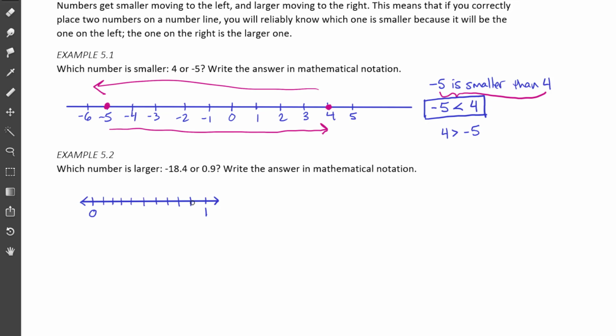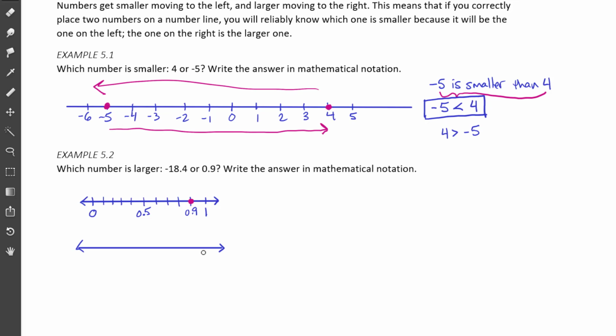Each of these represents a tenth. 0, 0.1, 0.2, 0.3, 0.4. This would be 0.5, 0.6, 0.7, 0.8. This would be 0.9. So to put 0.9 on the number line, you have to think of the subdivisions between 0 and 1.